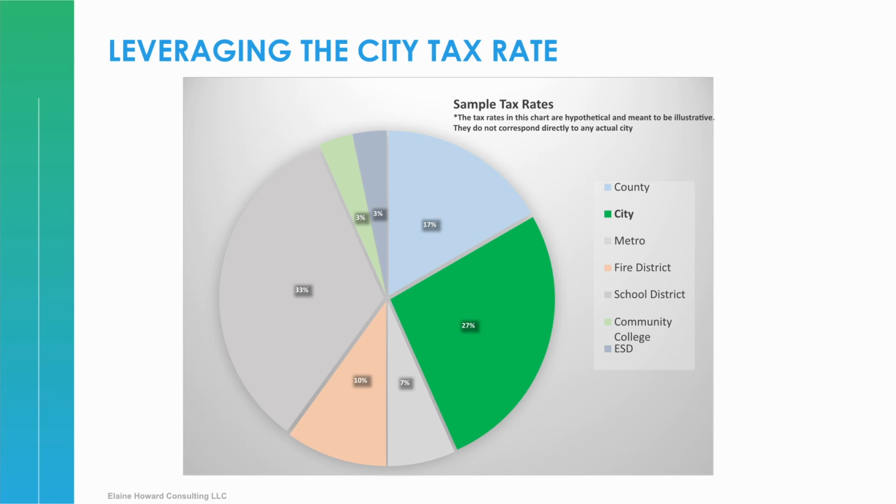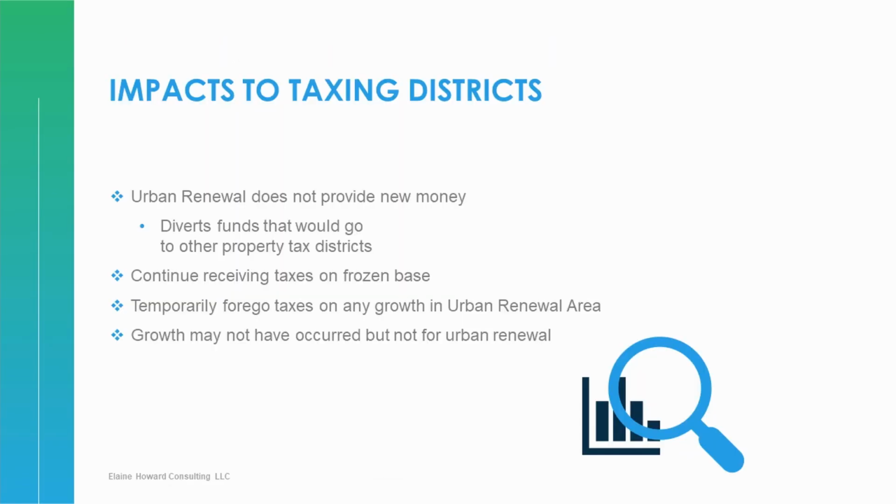Key to being able to fund urban renewal projects is the fact that urban renewal areas leverage the city tax rate. Instead of just gaining the city tax rate as property tax revenues increase for an urban renewal area, the urban renewal agency instead receives the increased property tax revenue based on the aggregated property tax rate of all property taxing districts. This is generally around a threefold increase.